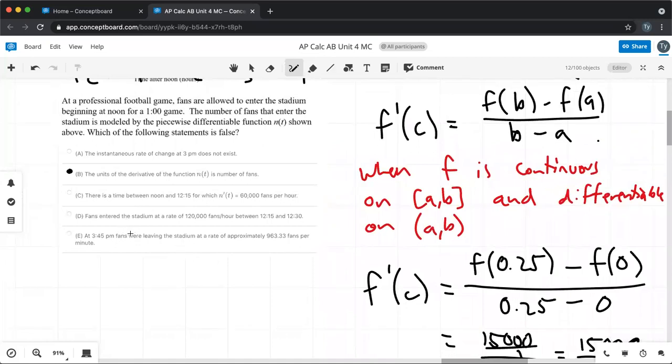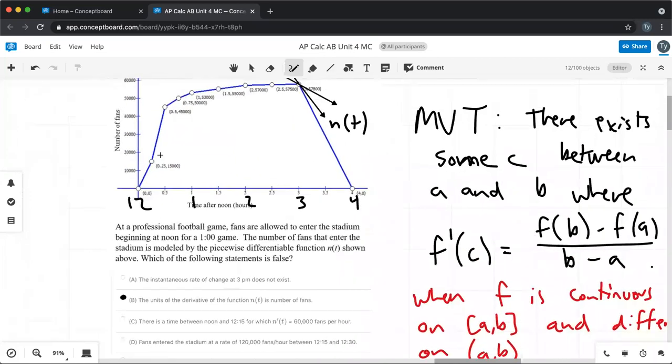D, fans entered the stadium at a rate of 120,000 fans per hour between 12:15 and 12:30. So if we look at 12:15 and 12:30 and we find the average rate of change, right? We can tell if this is true or not. So again, 12:15 is when we're at 0.25 because that's a quarter of an hour after noon.